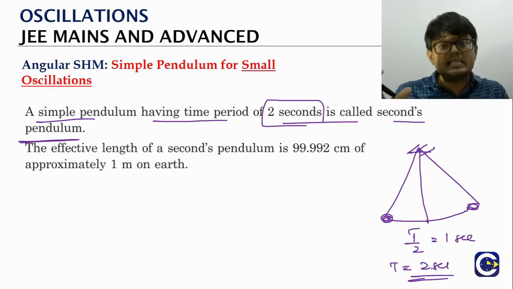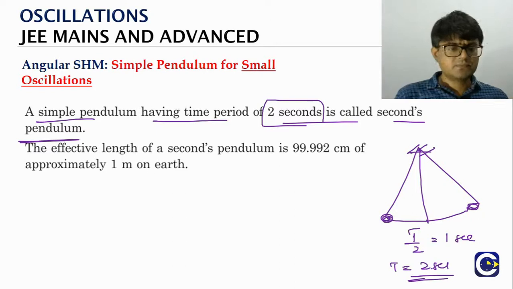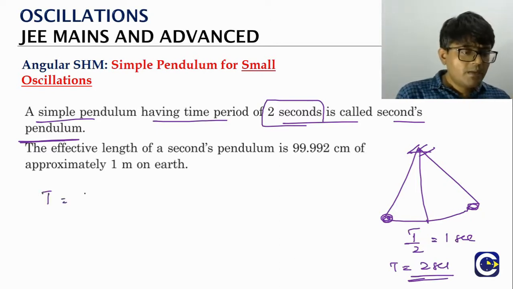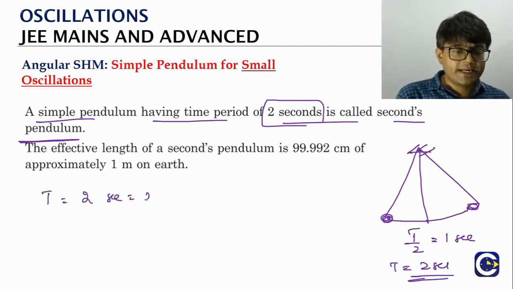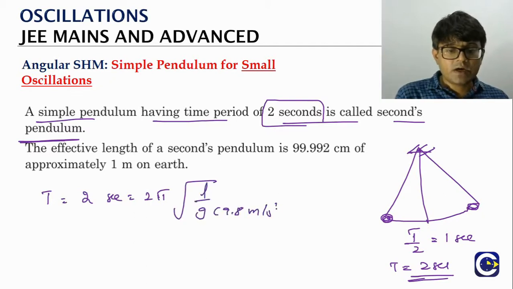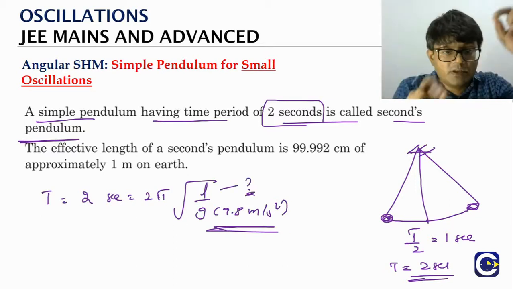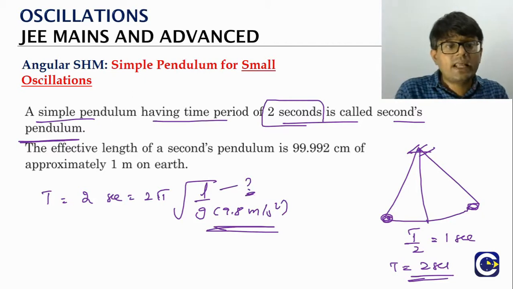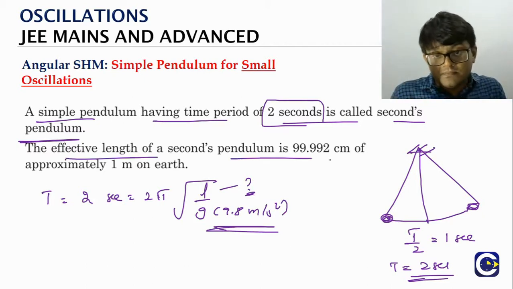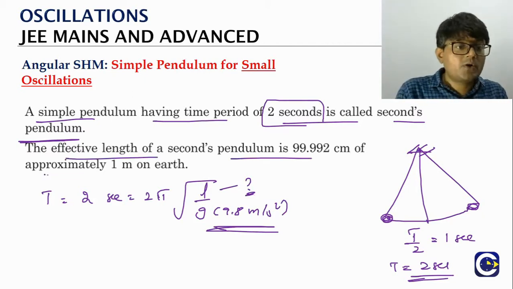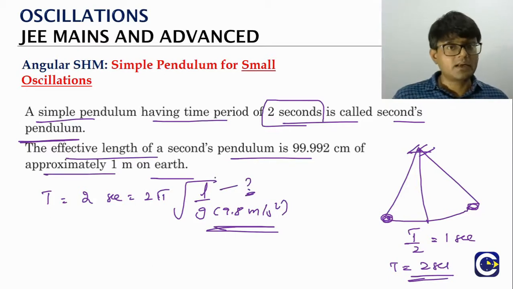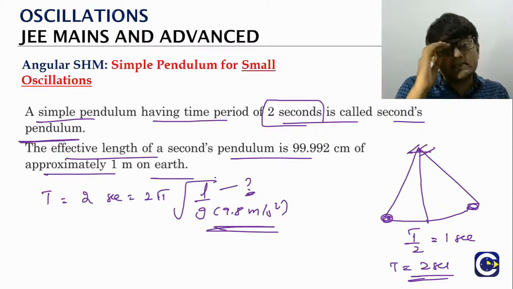If we are trying to design a seconds pendulum on the surface of the earth, we are looking at a period equal to 2 seconds. The formula for the period is 2 pi root L by g, and g we can take as 9.8 meter per second square. From there we can find the length of the pendulum wire that is required. The effective length of the seconds pendulum comes out to be approximately 1 meter to give us a time period of 2 seconds.